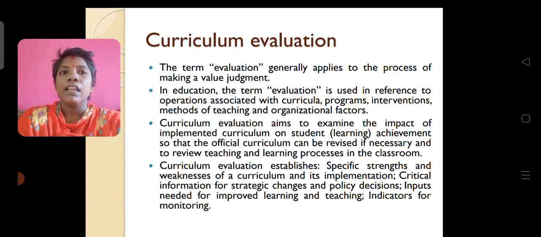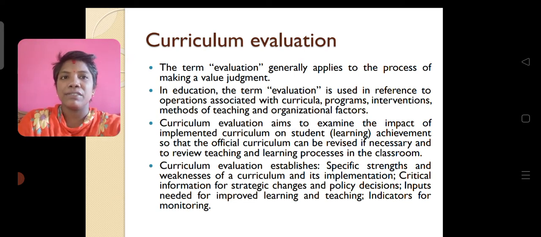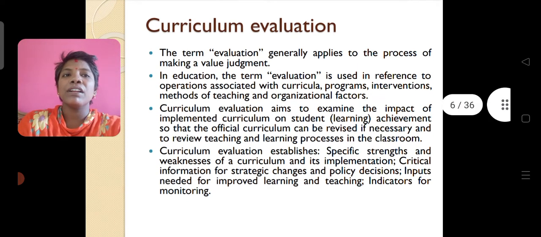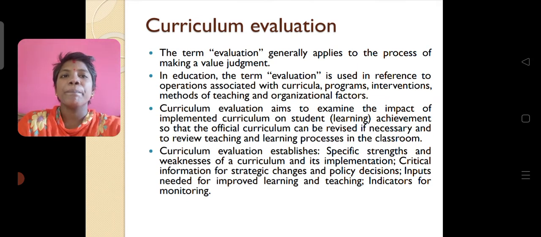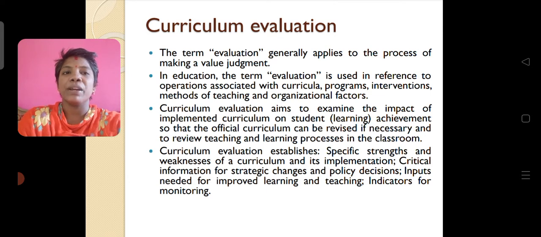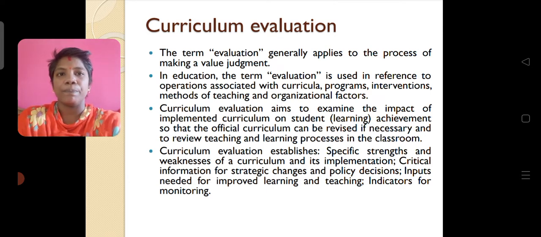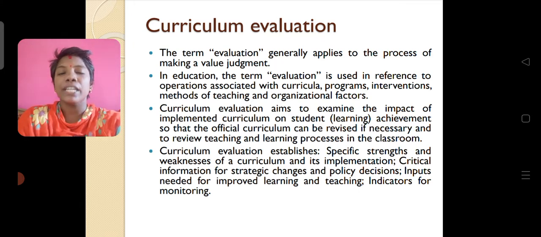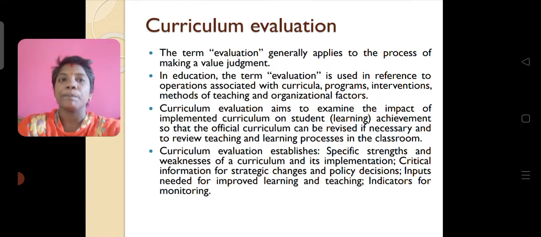In education, the term evaluation is used to reference the operation associated with curricula, programs, interventions, methods of teaching and organizing factors. Curriculum evaluation aims to examine the impact of the implemented curriculum on students' achievement, and the official curriculum can be revised if necessary to improve the teaching and learning process in the classroom. Curriculum evaluation establishes special strengths and weaknesses of the curriculum and implementation.